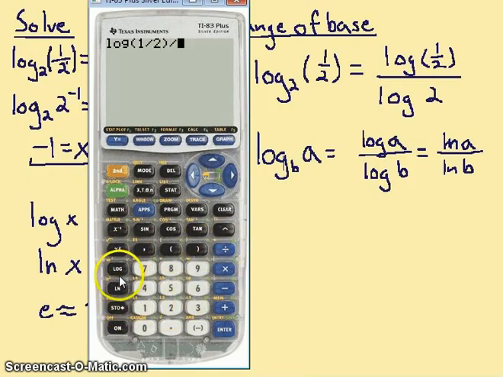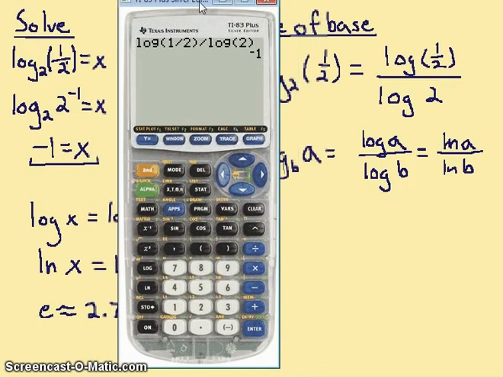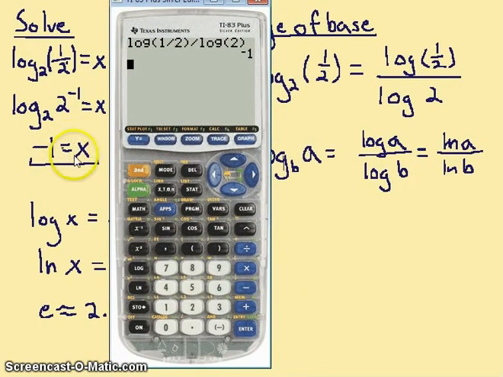Make sure you do close off your logs when you type those in. Otherwise you are getting a division inside where you didn't intend. So hit enter, and that gives us the -1. Just like we saw before when we were trying to solve that out, that was the -1 right there. So that's another way to solve these out using that change of base formula.